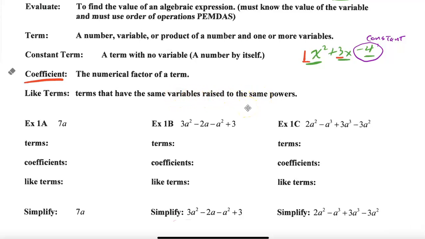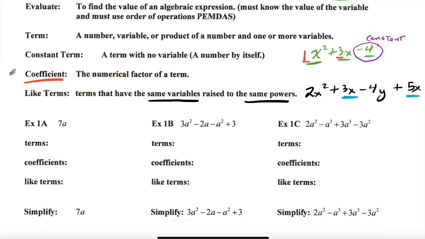So the variables have to match. For example, if I gave you 2x squared plus 3x minus 4y plus 5x, the only things here that are like terms, they have to be exactly, they have to match. So it's like a matching game. Would be the 3x with the 5x, right?